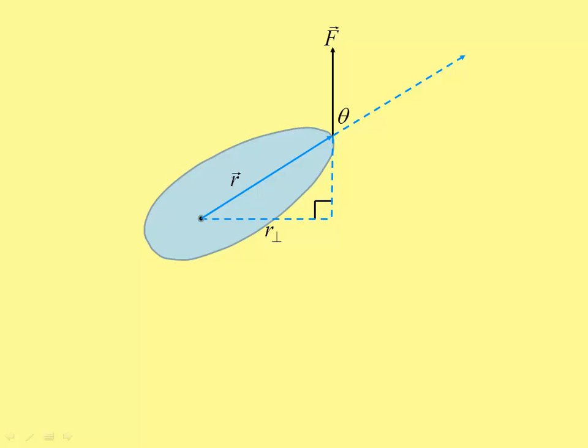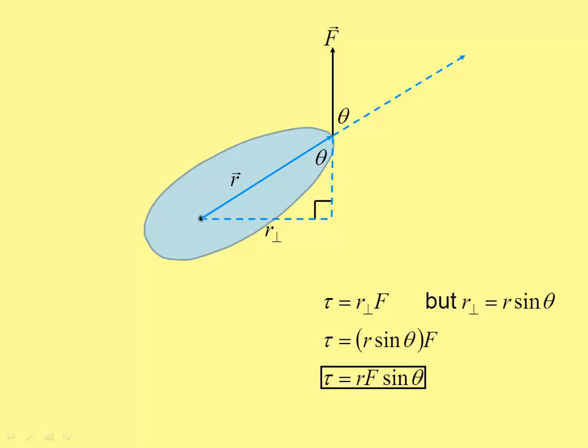And notice, if this is theta, this is theta. So from our original definition that we got out of the last lab, torque is R perpendicular times F. But look at the right triangle here. Right? R is the hypotenuse, theta is the angle, R perpendicular is the opposite side, so R perpendicular could be rewritten as R sine theta. Plug that in, rearrange, and again we see that torque can more generally be written as RF sine theta.